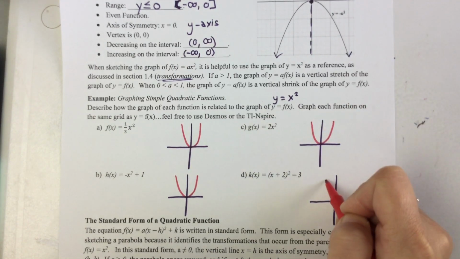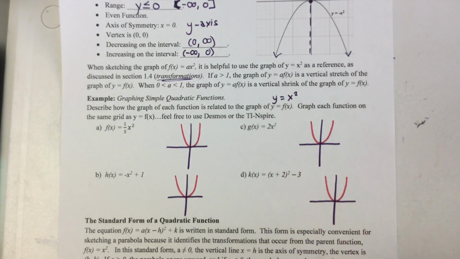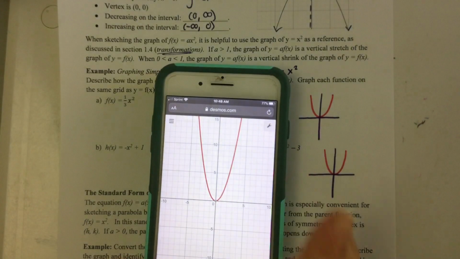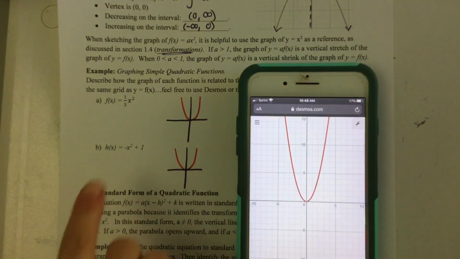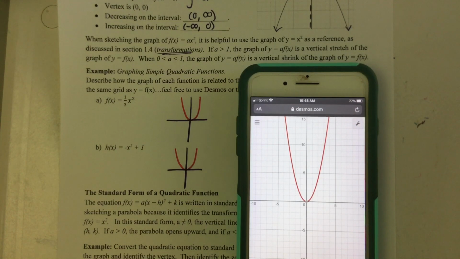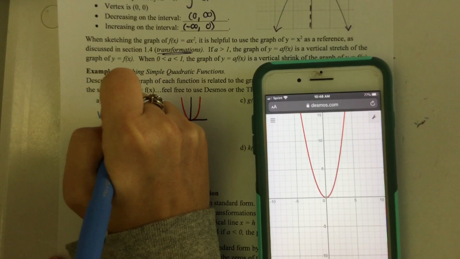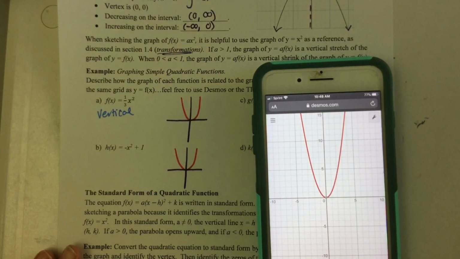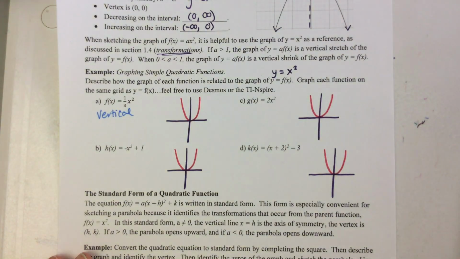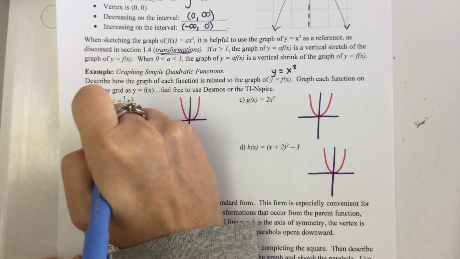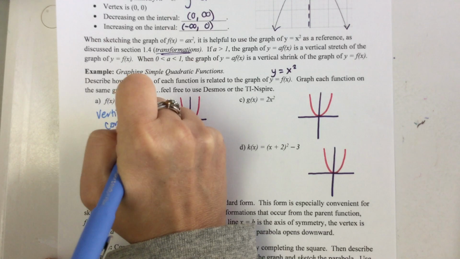So everything that we're looking at right now is going to be a transformation of the parent function. Now we need to look at the graph and say, okay, well, what is this? If I look at a, I am multiplying. It is not in parentheses, so I know it's vertical. If you're multiplying, it's always a stretch or a compression. This is 1/3. 1/3 is less than 1, so this is a vertical compression.